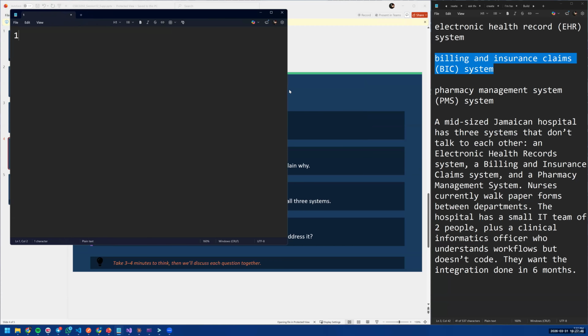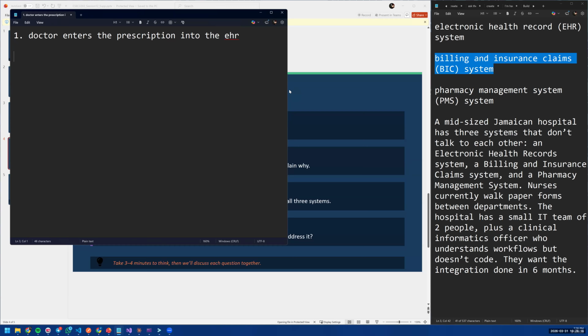So first we have, you have the doctor enters the prescription into the EHR, that's the electronic health record system. So that's step one.